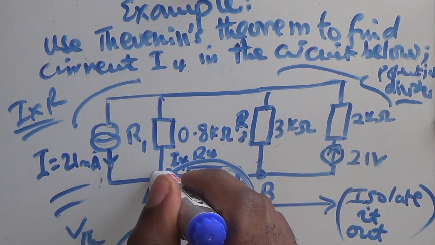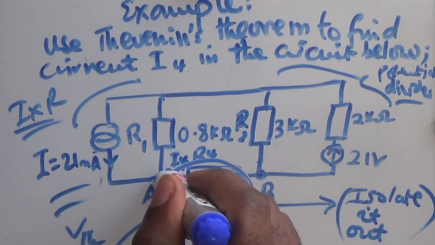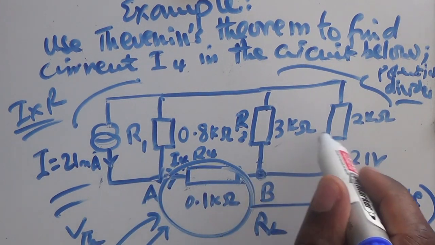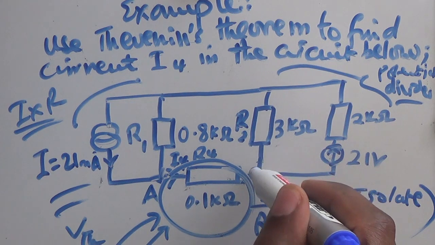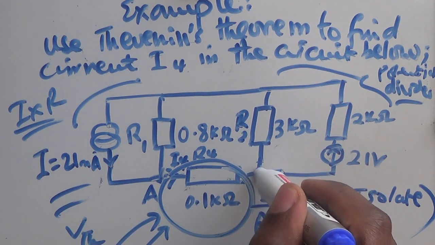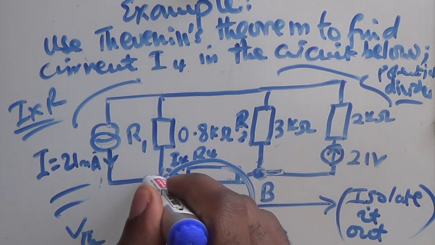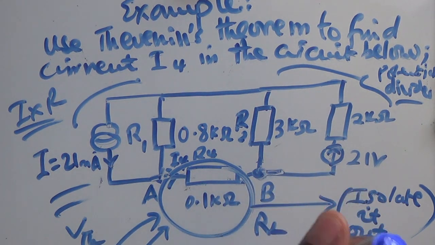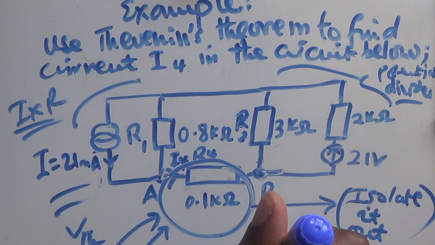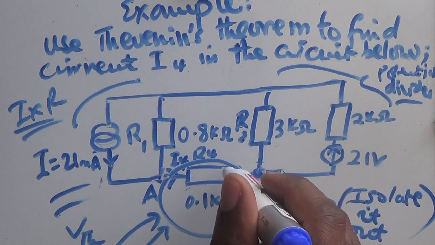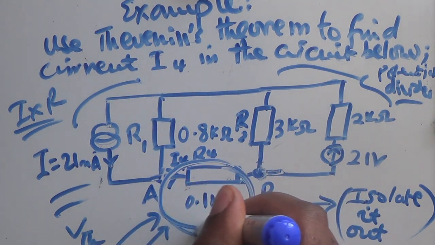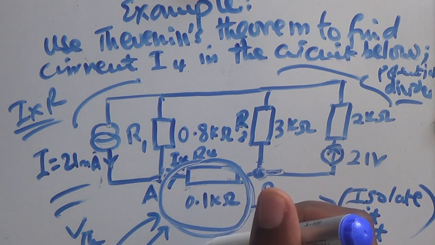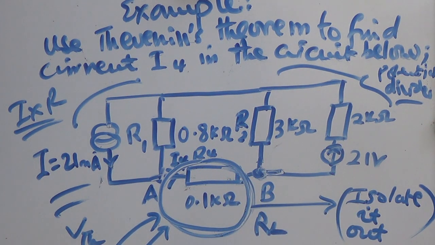The PD would be moving in this direction, and here the PD is moving in this direction. So the sum would be this minus this one, so that we get the value of the PD across here, and the PD across this part is the same as the Thevenin's voltage.